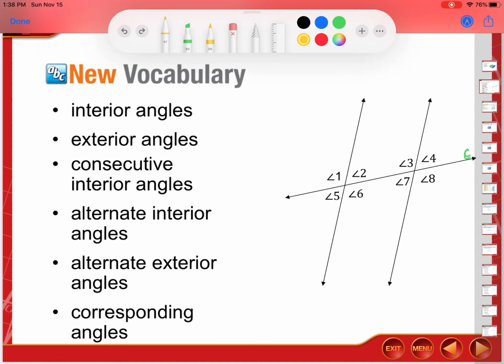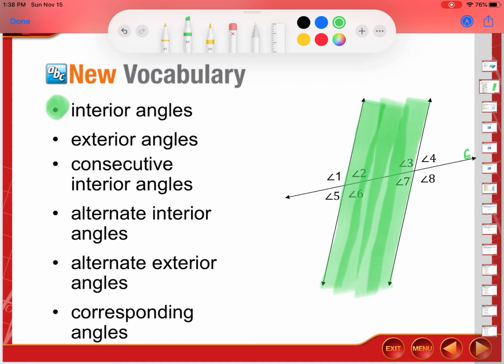So interior, if we remember, means the inside. Like the interior of your house is going to be your kitchen, your living room, all the bedrooms, the bathrooms. And then the exterior would be like your yard. So for these purposes, our interior angles are all going to be found inside these lines.